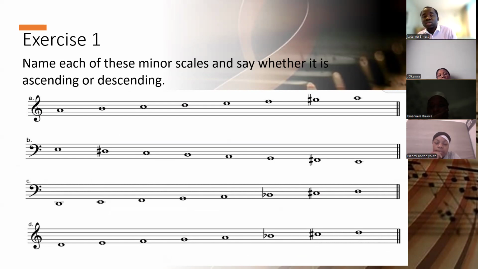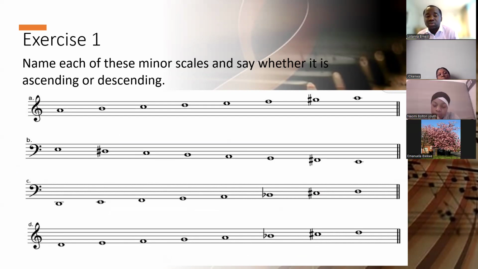What happens in a melodic scale, because this is ascending, as you can see? Is it that the seventh note is sharpened or flattened? You are still mentioning flattened. Did I mention flattened when I was talking about harmonic or melodic?